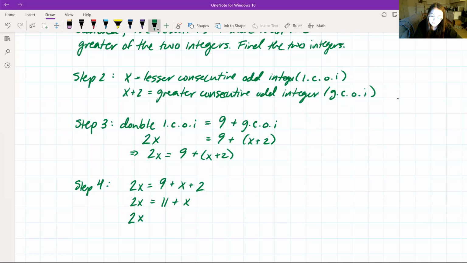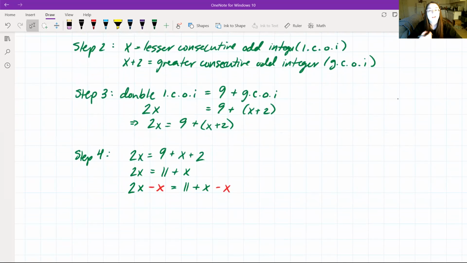And this will give us 2x minus x is equal to 11 plus x minus x. And when we simplify this, 2x minus x is going to give us x, and 11 plus x minus x is just going to be 11. So we found our value for x. We're saying x is 11.